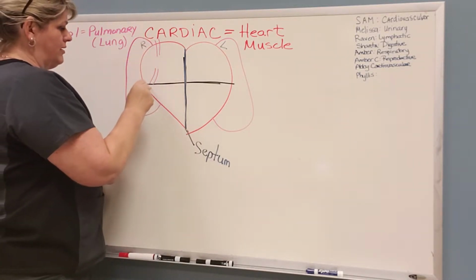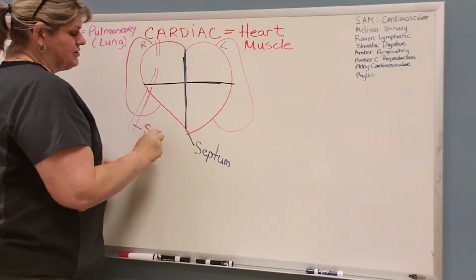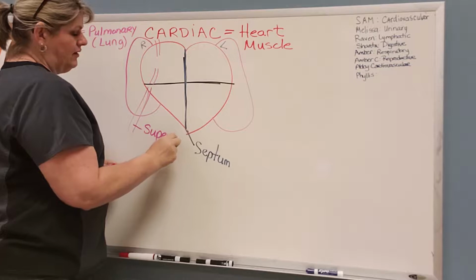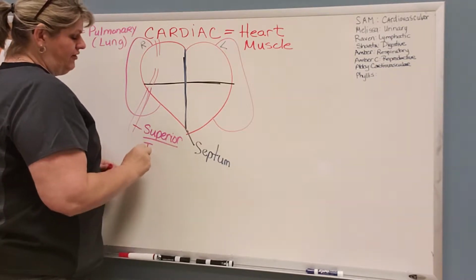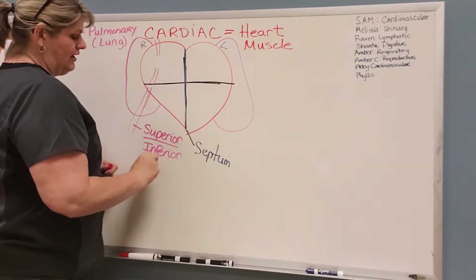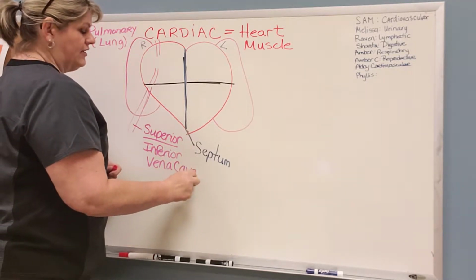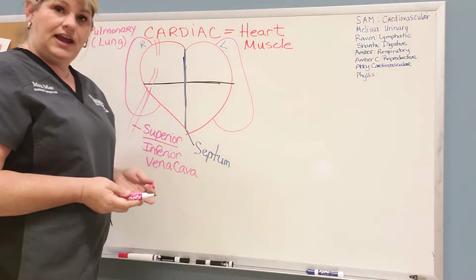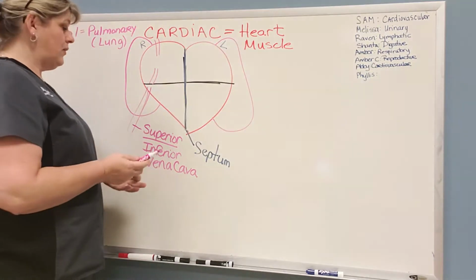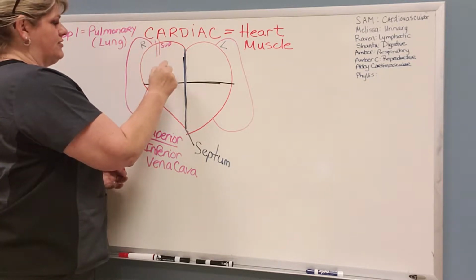And again, don't mind my drawing, please. I know it's bad. So it comes from the superior and the inferior vena cava. The vena cava is basically the largest vein in the entire body. Here's the superior side, here's the inferior side.